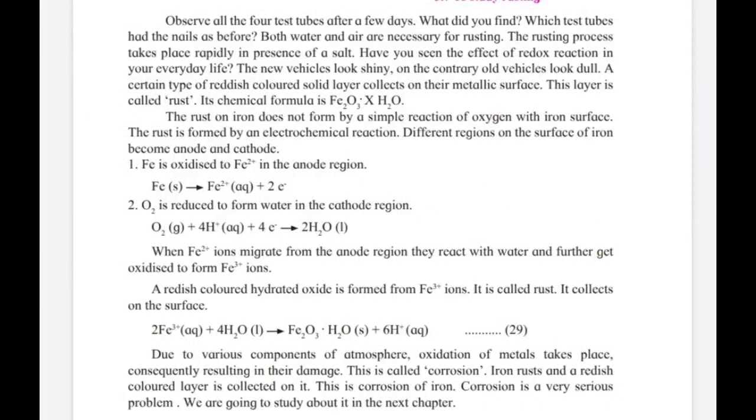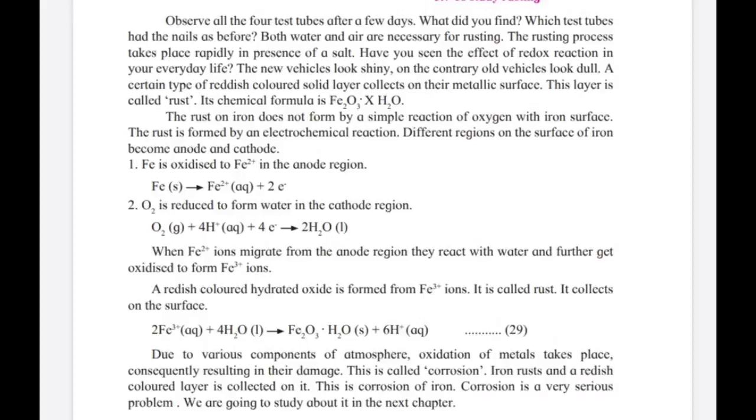Corrosion. Due to various components of atmosphere, oxidation of metals takes place, consequently resulting in their damage. This is called corrosion. Iron rusts and a reddish colored layer is collected on it. This is corrosion of iron.